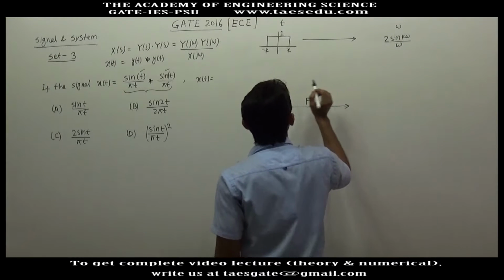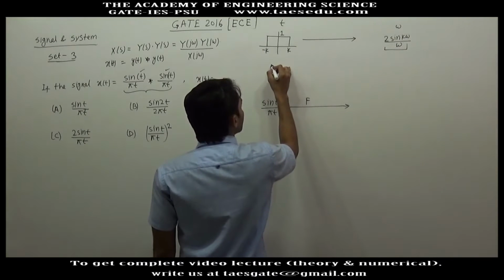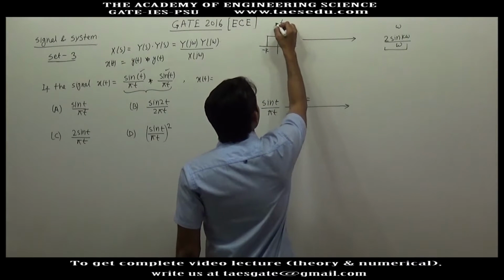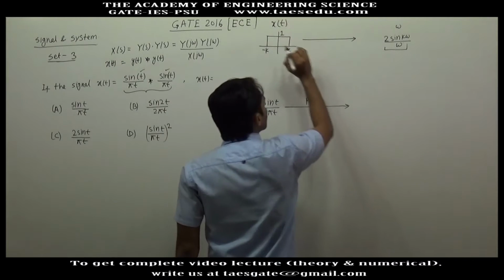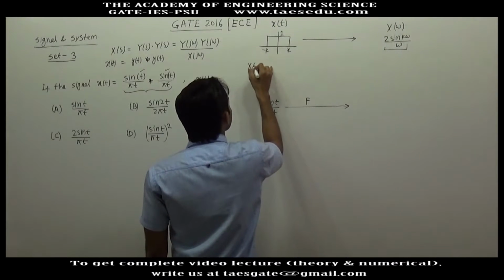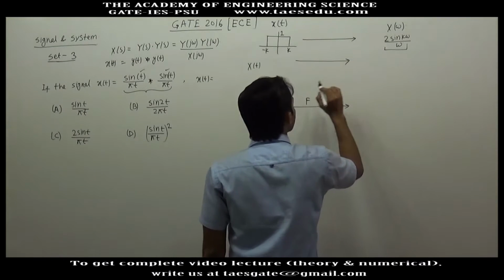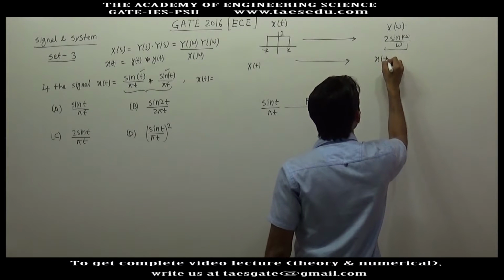And using the duality theorem, let's say this is x(t) and this is capital X(omega). Now you have capital X(t) here. So for capital X(t), the Fourier transform will be small x(minus omega).